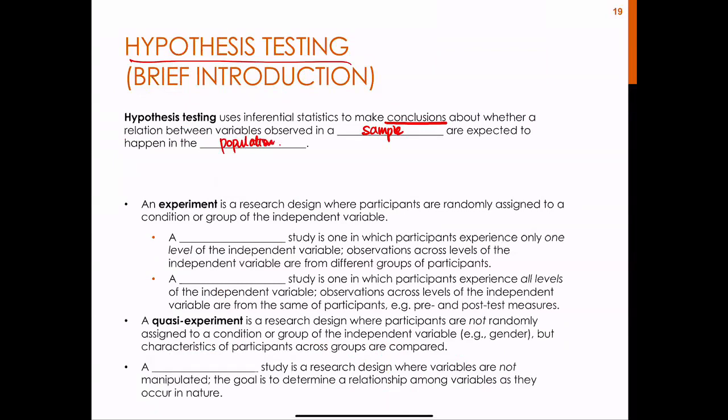There are different types of hypothesis testing procedures. One is the experiment. This is a research design where participants are randomly assigned to a condition or a group of the independent variable. The other one is the quasi-experiment.